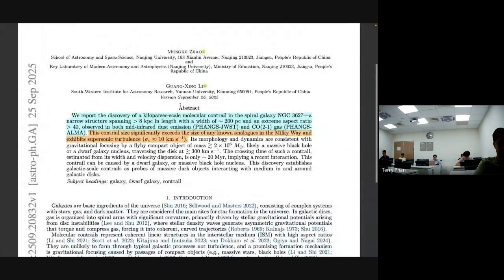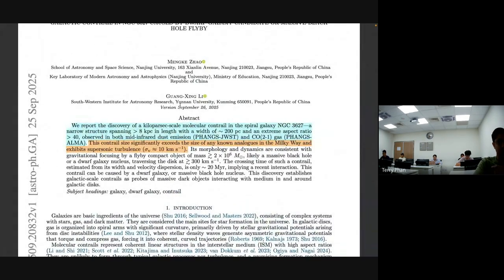Starting with the abstract, the authors report the discovery of a kiloparsec scale molecular contrail in NGC 3627. The structure is over 8 kiloparsec long, approximately 200 parsec wide, with an aspect ratio exceeding 40. Observed in both mid-infrared dust emission by JWST and CO 2-1 molecular gas by ALMA.